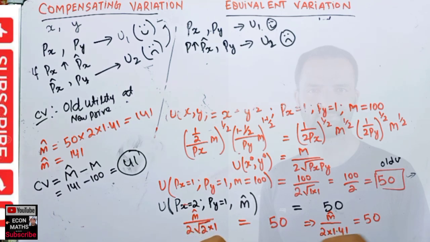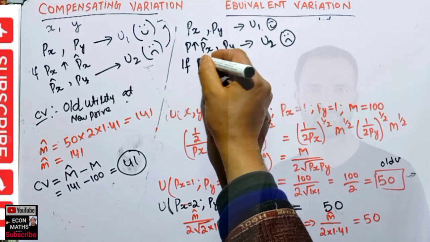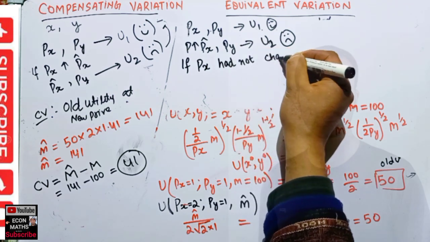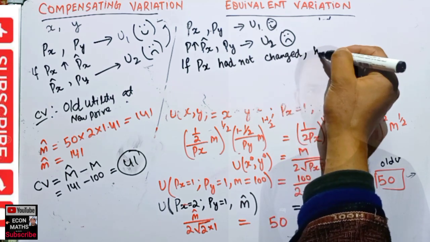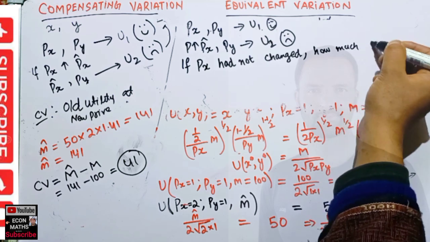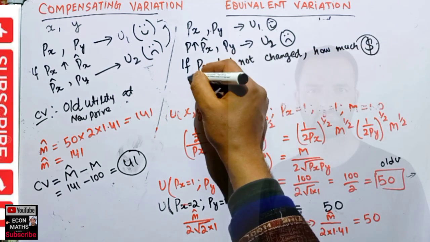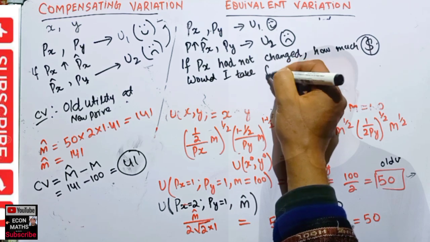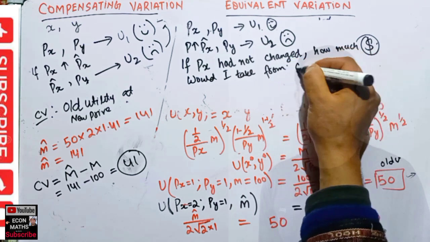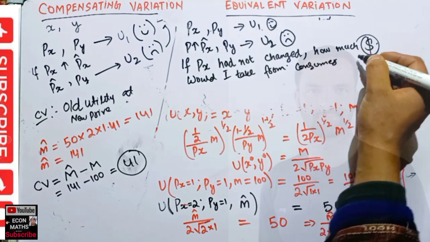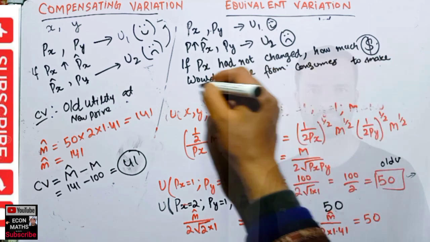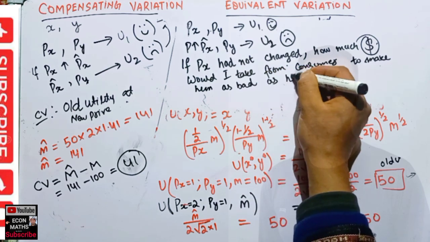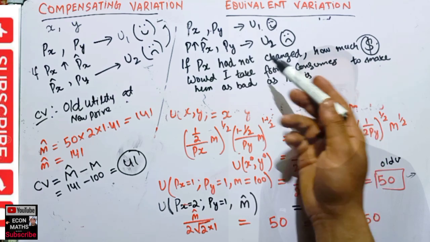Okay, so let me write it here. If the price of x had not changed, how much money would I take from the consumer to make him as bad as he is after the price is increased?